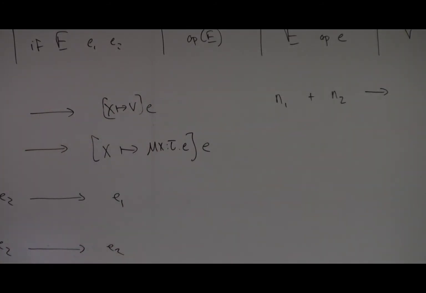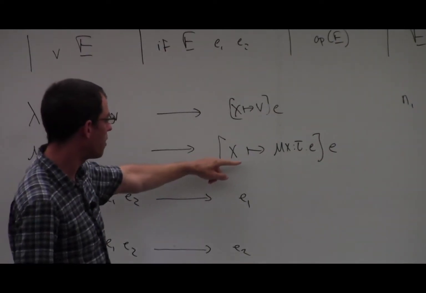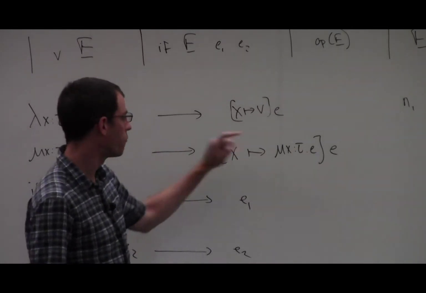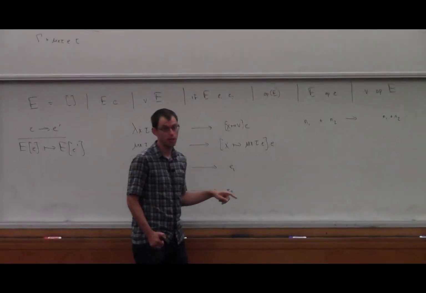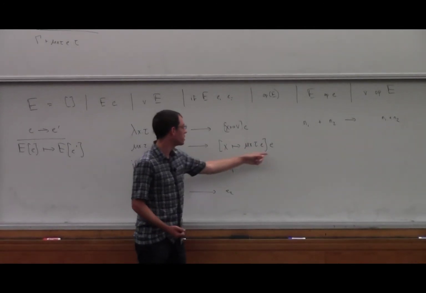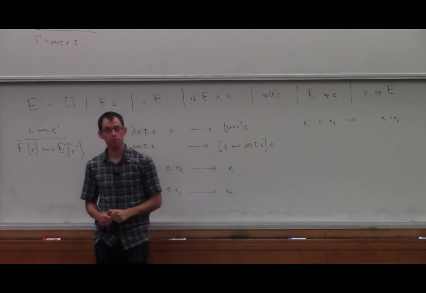So what this is saying is we're substituting x dot e for x in e, which is how we get recursion. We're substituting the term itself inside the term. We're just substituting v for x in e here.